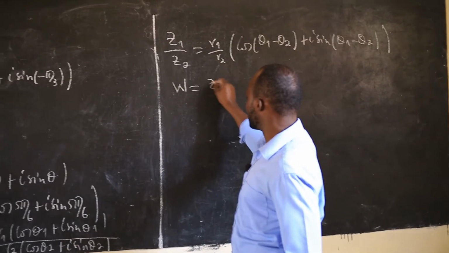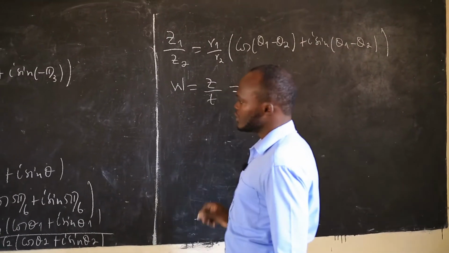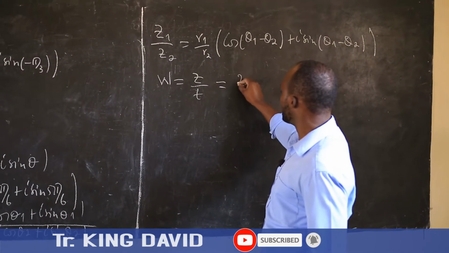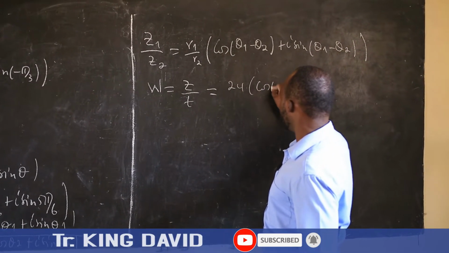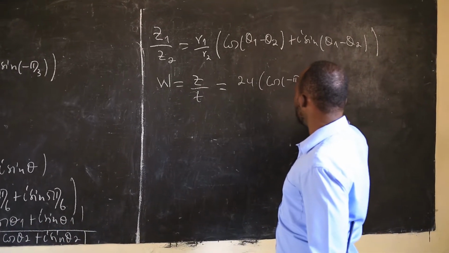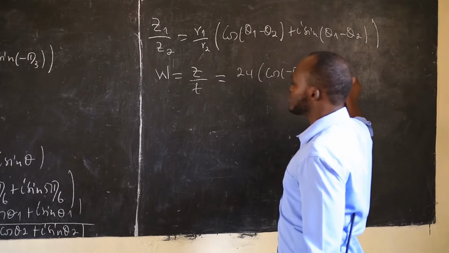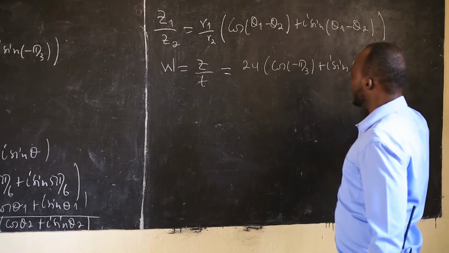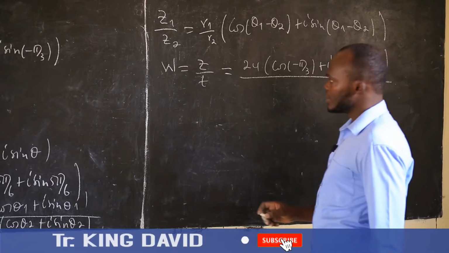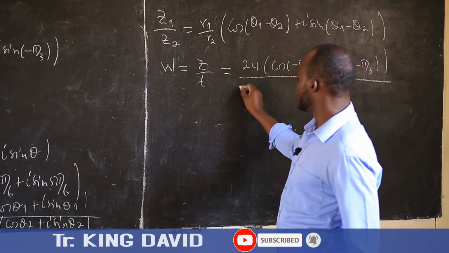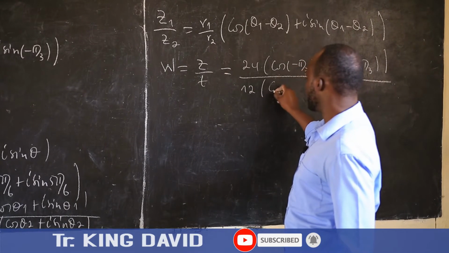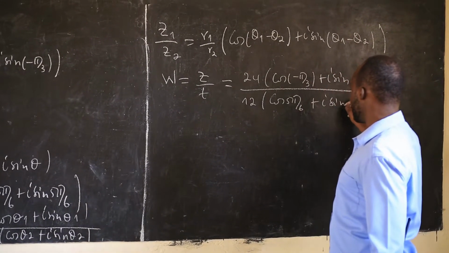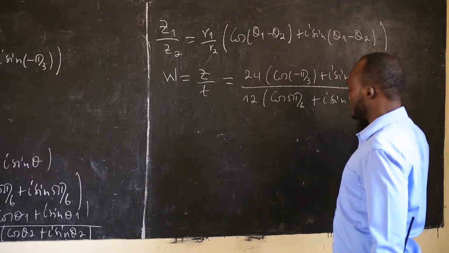will be equal to, the value of Z is 24 cos of negative pi over 3 plus i sine negative pi over 3, divided by T. So our T is 12 into bracket cos 5 pi over 6 plus i sine 5 pi over 6.